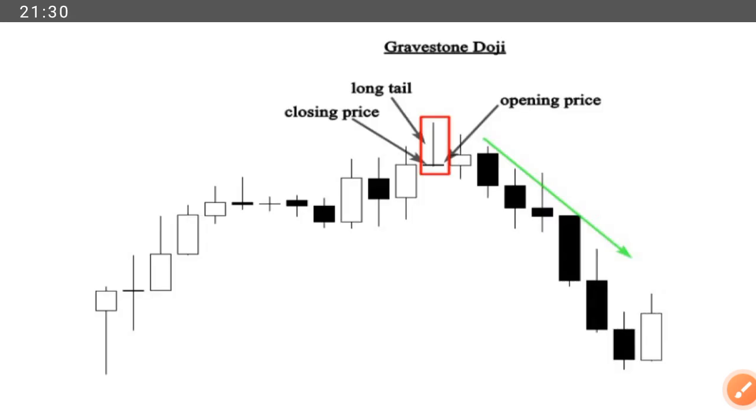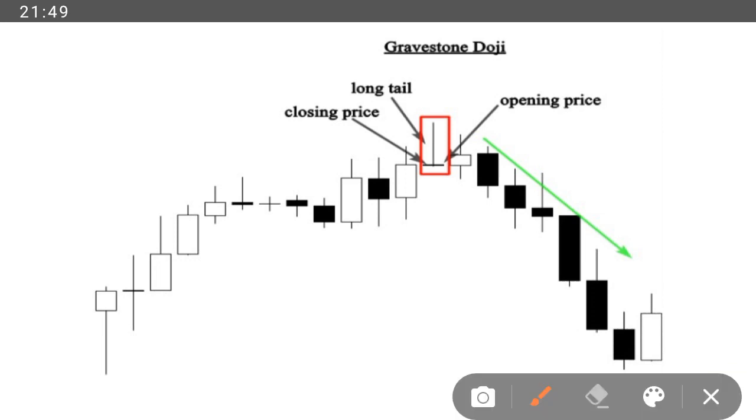Look at this chart. Can you see the gravestone in that box? See this box. See the long tail. Before that there was an uptrend.